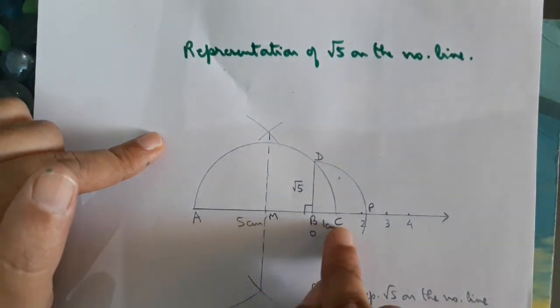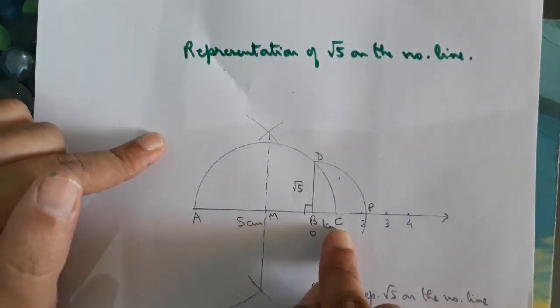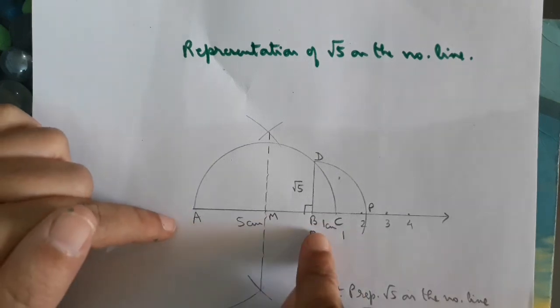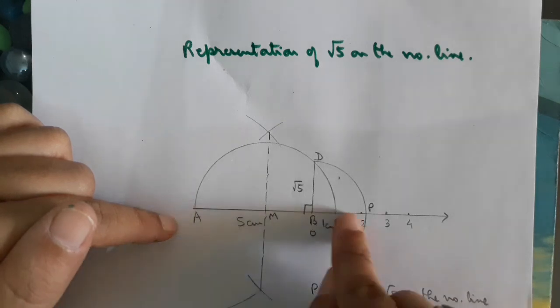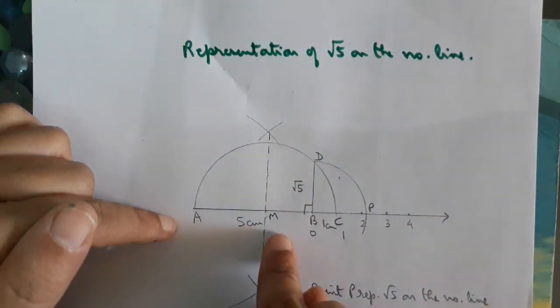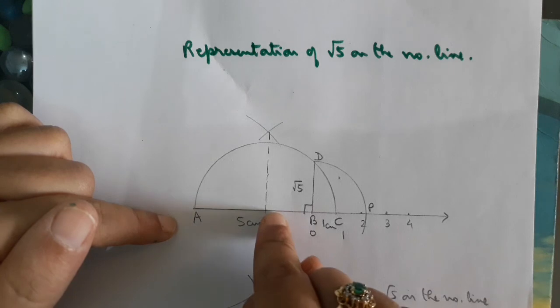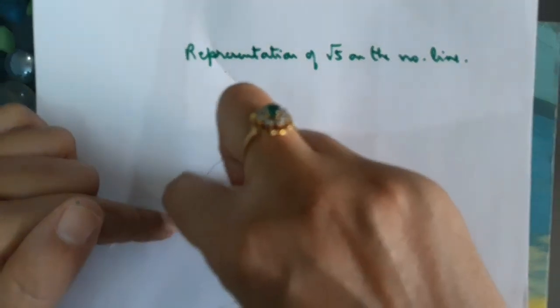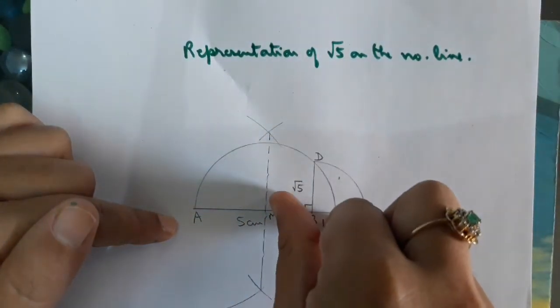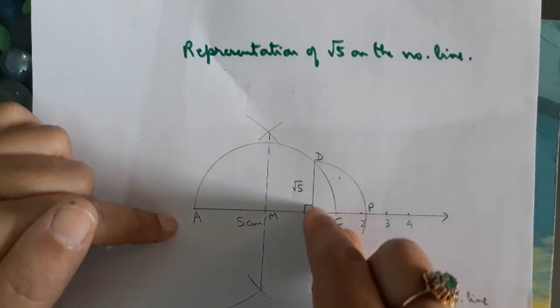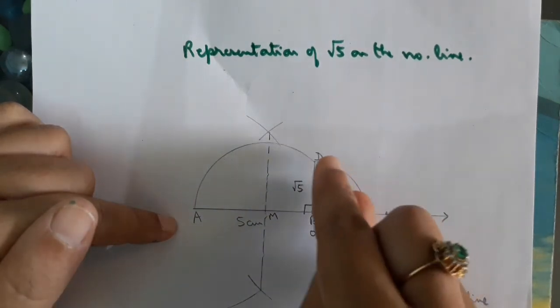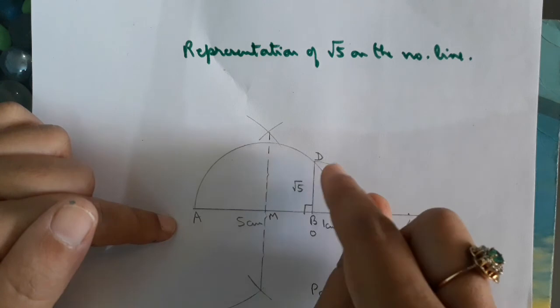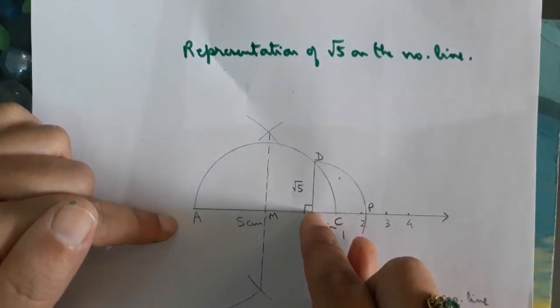So we draw a line segment AC of length 6 centimeters and AB is of length 5 centimeters. Then we construct the perpendicular bisector of AC. We obtain the midpoint M. With M as center and AM as radius, we draw this semicircle. Then at point B, we draw an angle of 90 degrees. We obtain point D. So BD is of length root 5.